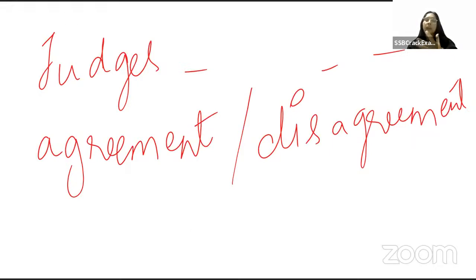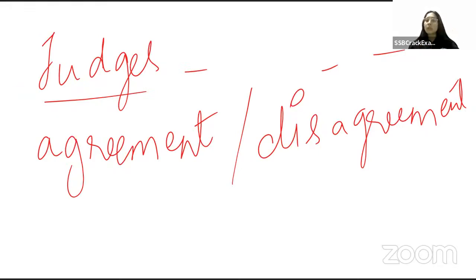The more questions you practice, the more exposure you will have when it comes to solving the questions. Because sometimes what students do is, okay, this is a collective noun, it's going to be singular, let's go with singular. But what if you get a question where there's some kind of disagreement, or some kind of chaos or disorder involved?